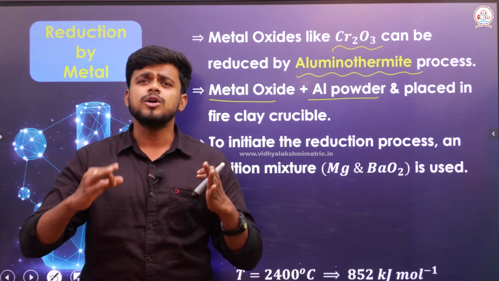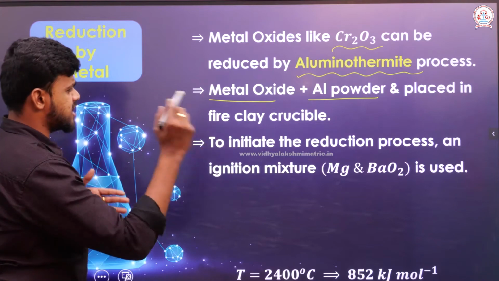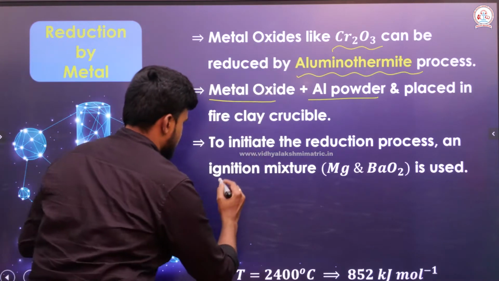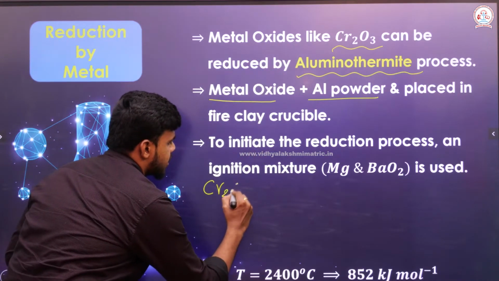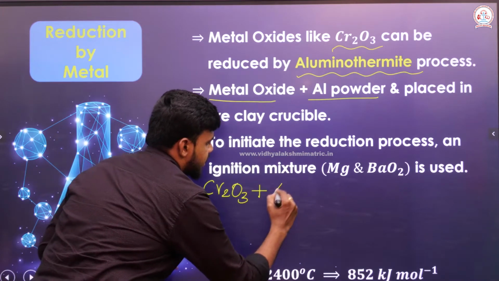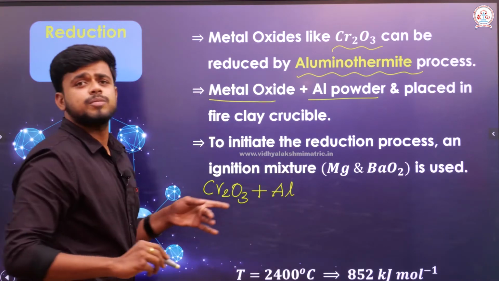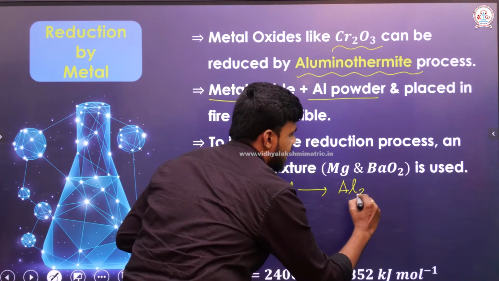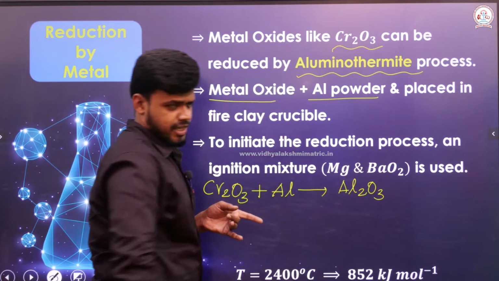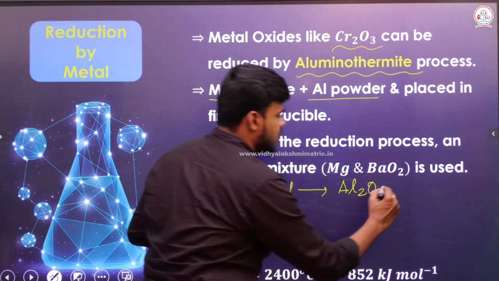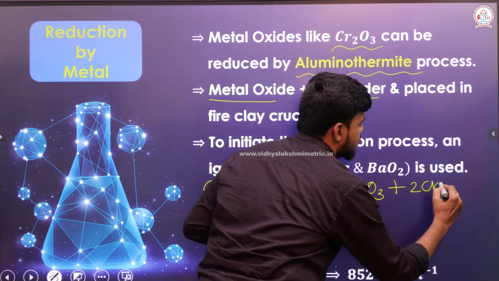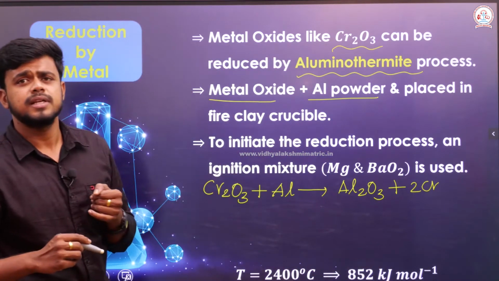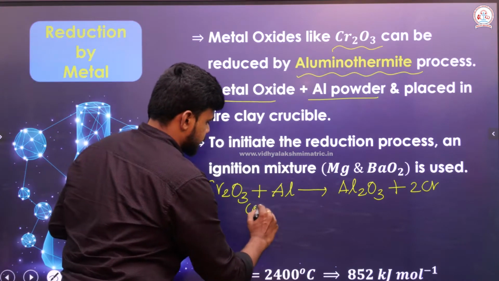Let me specify the reaction. Suppose chromic oxide is reduced by aluminium, aluminium will take up the oxygen and go as Al2O3, and chromium will be deposited as chromium in the form of a metal. There it is.